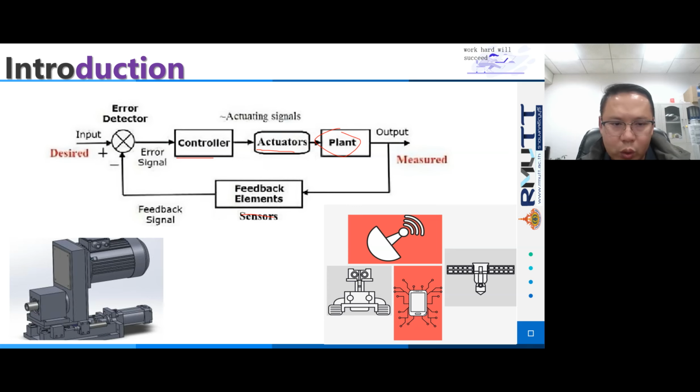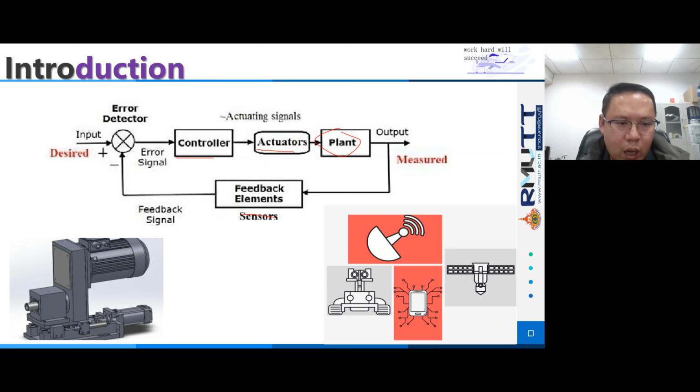The controller is a device or algorithm, for example a PID controller or PLC controller, that calculates the necessary control signal to reach the set point.